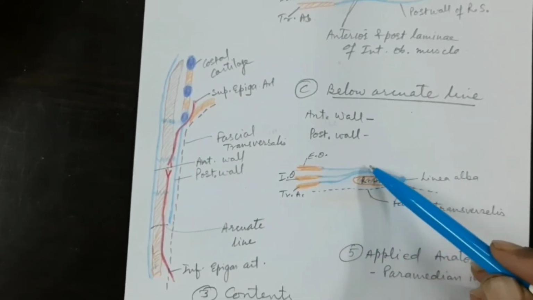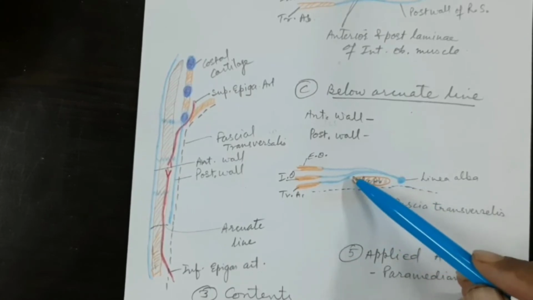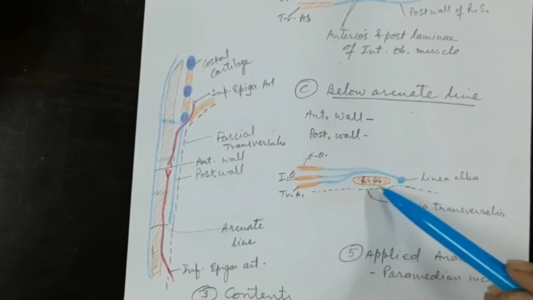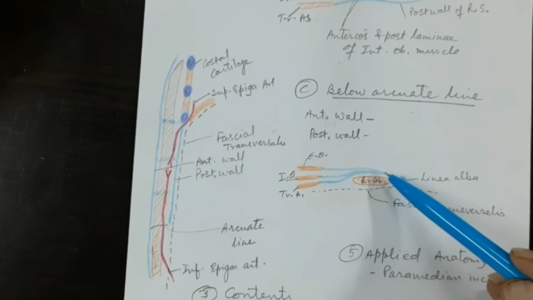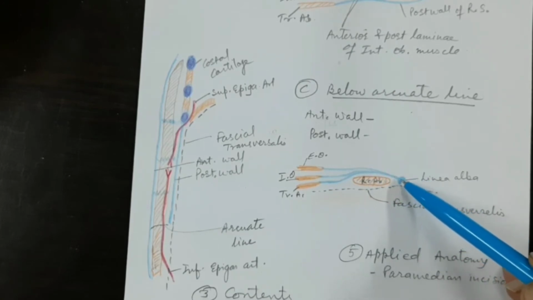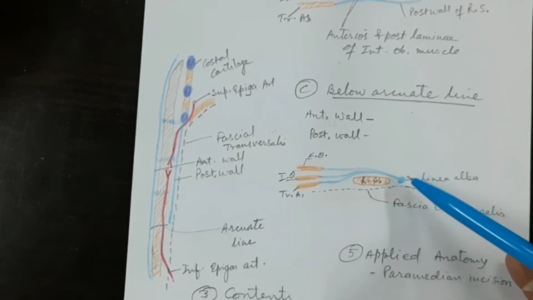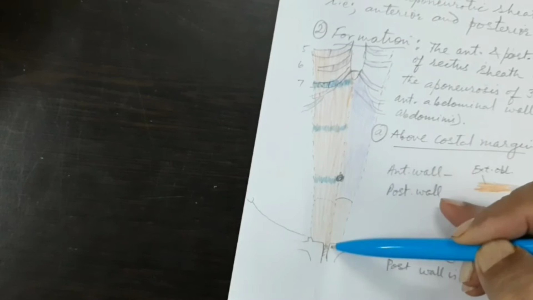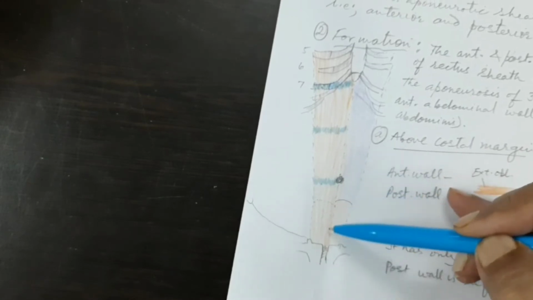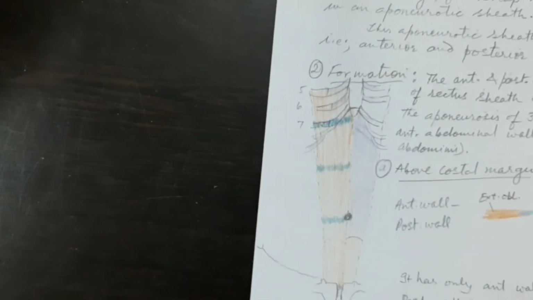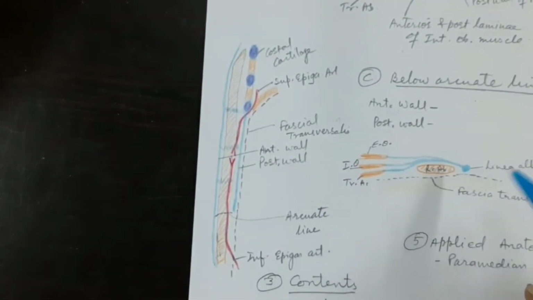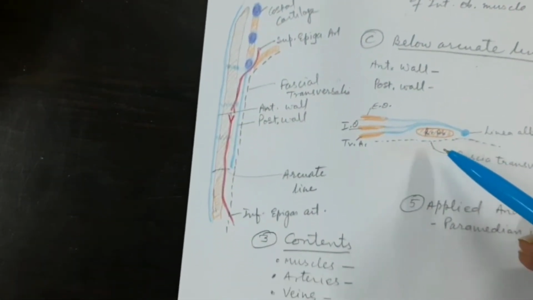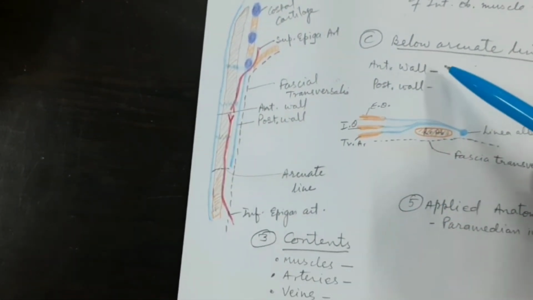All the aponeuroses go anterior to the rectus abdominis muscle, and then they fuse to the linea alba throughout the midline. This is the linea alba, the dotted line. This is the umbilicus here, and this is the linea where it is fusing. So throughout it will fuse to the linea alba. So this is the anterior wall.